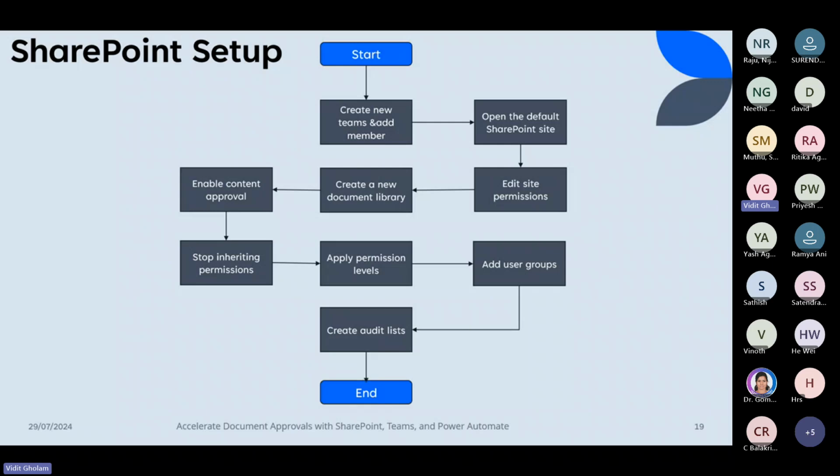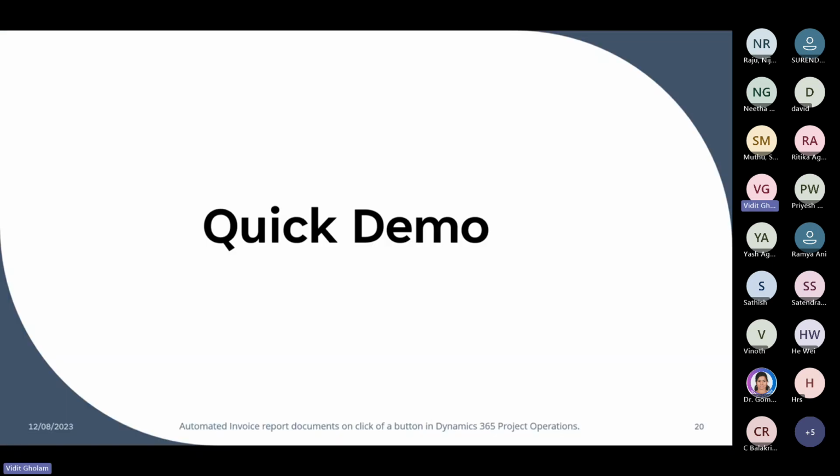We'll create a new document library. We'll enable content approval. Since we have created a team site from Teams, we'll stop inheriting permissions. We'll apply permission levels. We'll add user groups, edit, create an audit list, and the process ends. With that, let's quickly go through how to set up a SharePoint site for this document approval process.